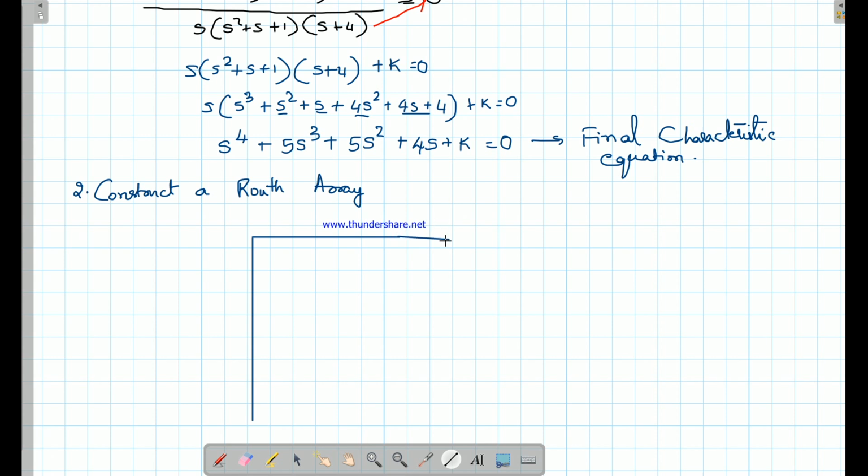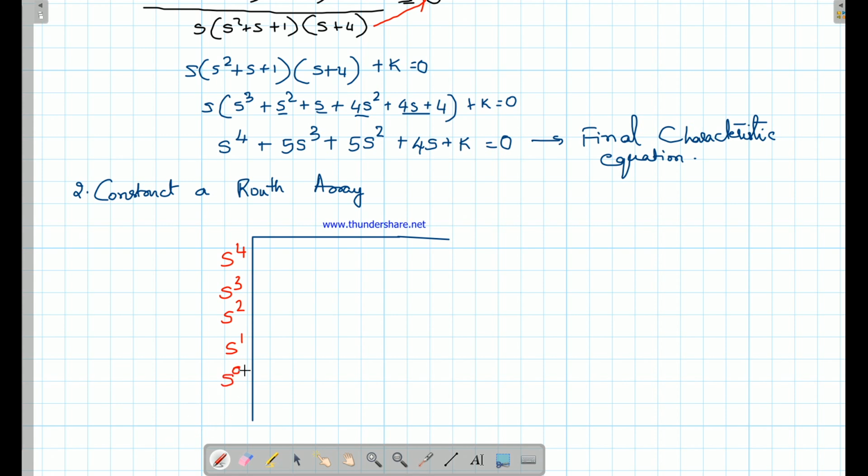Now my job is to write the s power terms on the vertical side. So the s power terms are s power 4, s power 3, s square, s power 1 and finally s power 0.